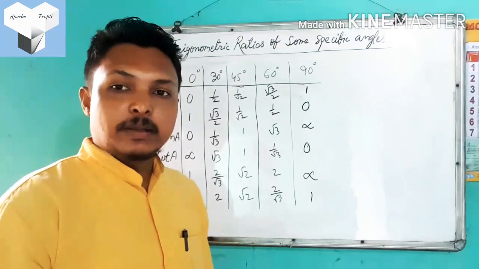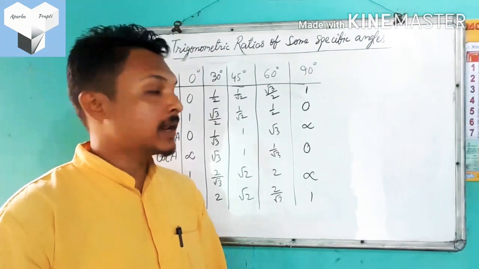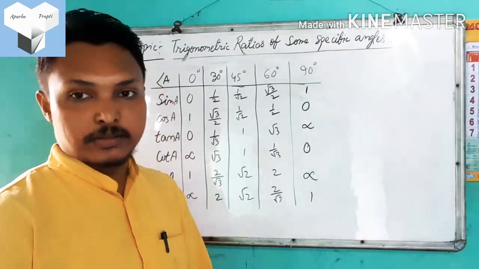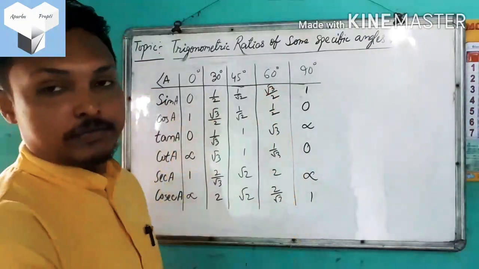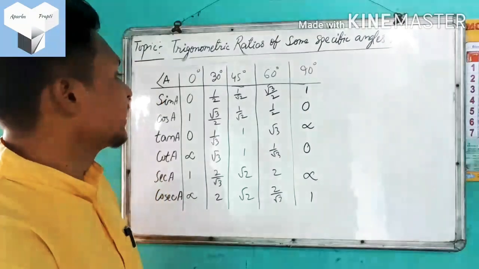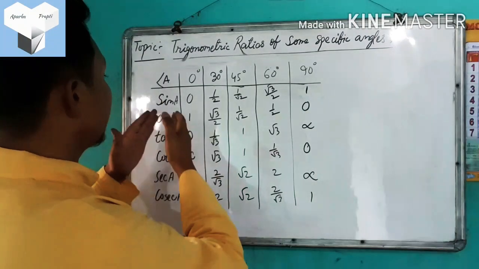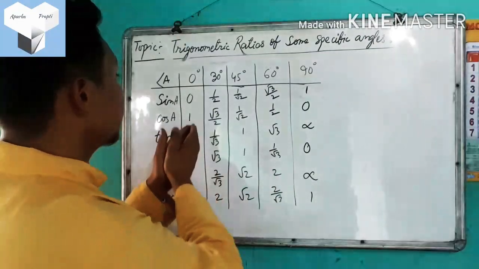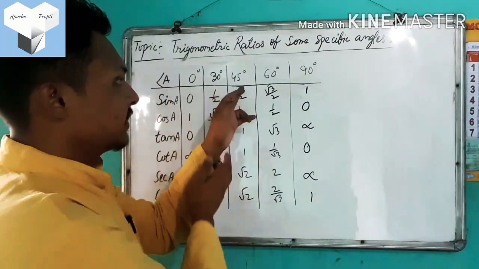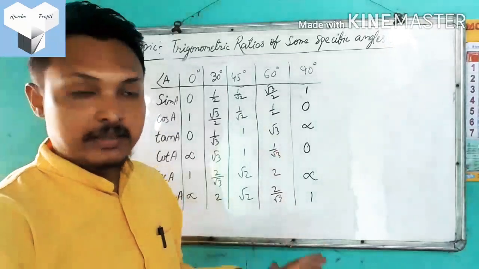Okay. So guys, if we find out all the trigonometric ratios and we tabulate them, then we get this type of table. Here the values of all trigonometric ratios with respect to the specific angles 0 degree, 30 degree, 45 degree, 60 degree and 90 degrees are given.